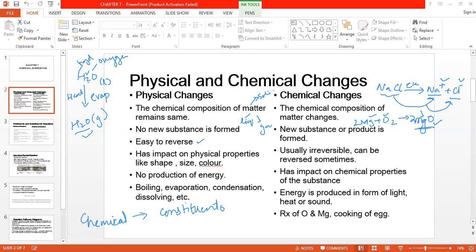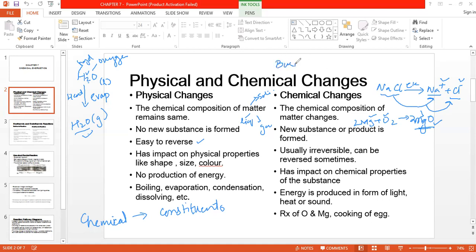Chemical changes, however, are usually irreversible, and if certain conditions are provided, then they can be reversed. But usually, for example, burning of paper is a chemical change: once the paper converts into ash, it is not possible to convert it back into paper.